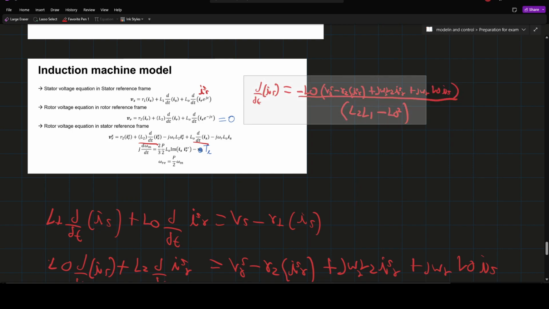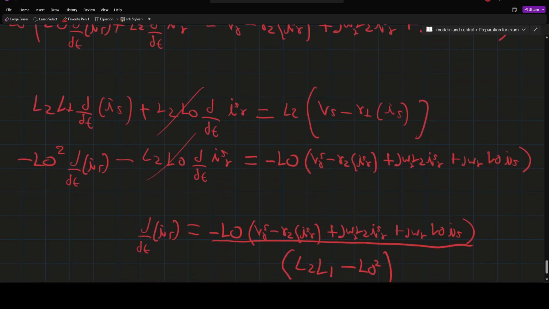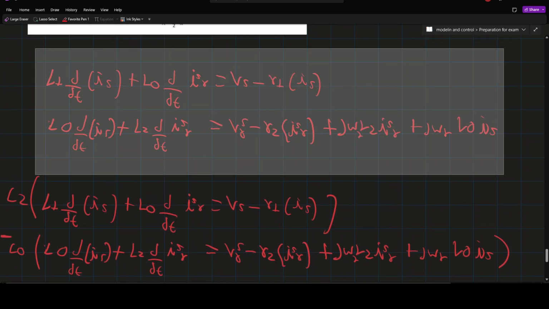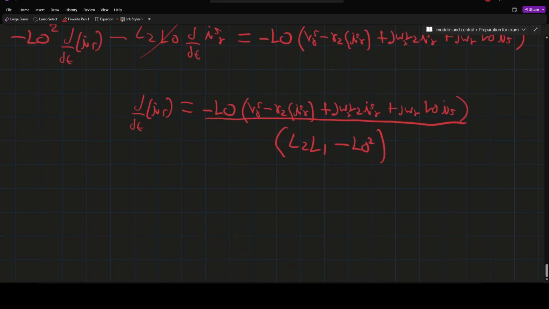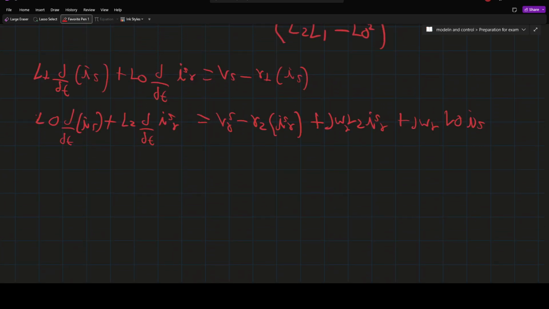Okay, now let's do the same to get our di/dt of ISR. To get our ISR, we need to get rid of the IS, so we multiply on top by L0, and we multiply on the bottom by L1.